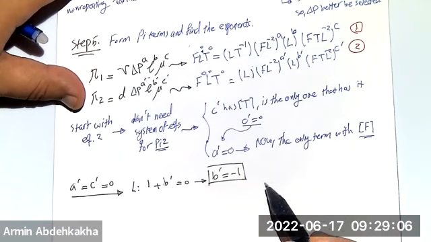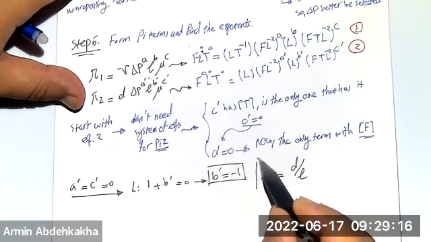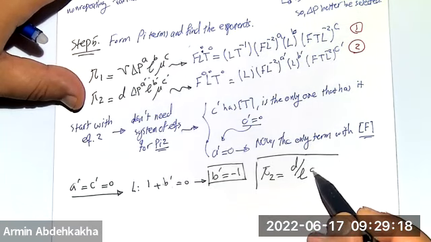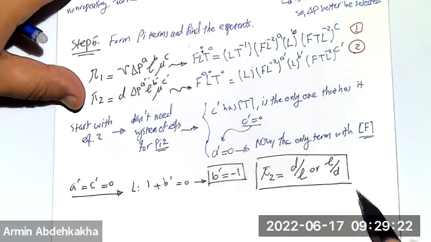So let's make the pi term. Pi term for this one is D over L, or L over D. Doesn't change anything.